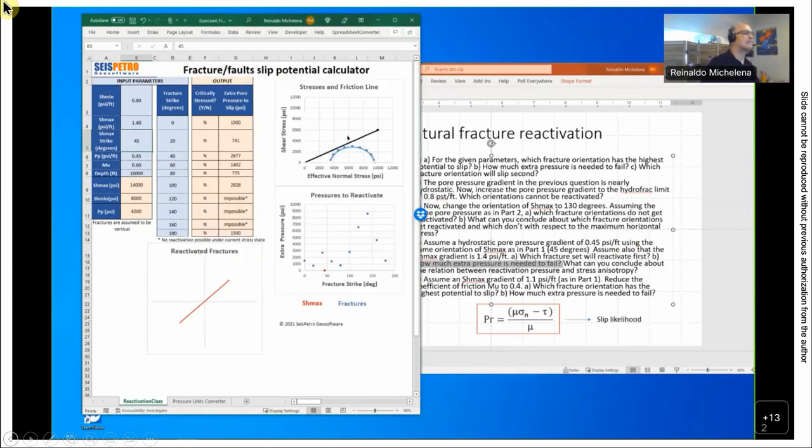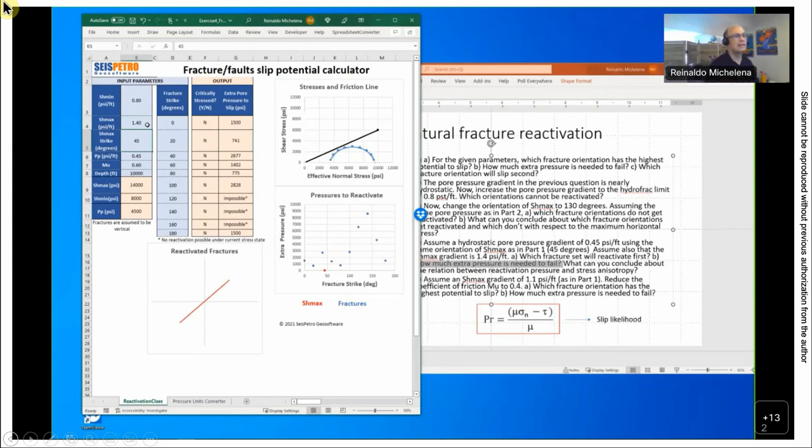What is happening is that it requires less pore pressure to reactivate it. It is only 700 psi. Remember when this was 1.1, it required 2,000 psi. But now with 1.4, it's actually easier to reactivate that fracture.